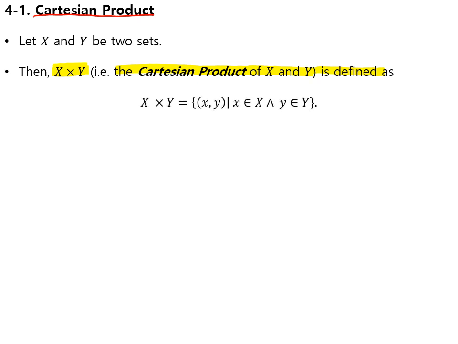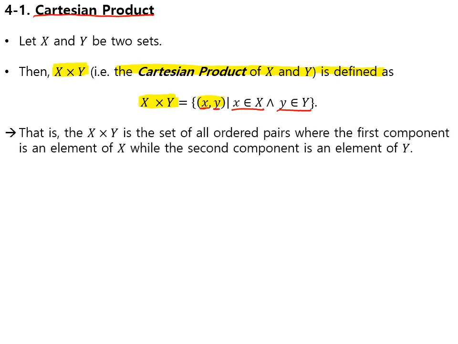Basically the set x times y is a set consisting of ordered pairs. The elements of the set x times y are ordered pairs such that the first component of the pair comes from set x, and the second component comes from set y.